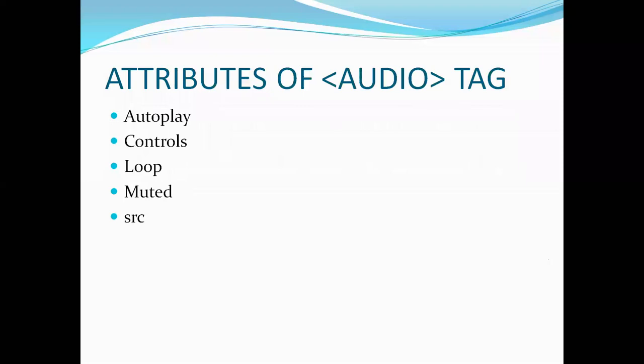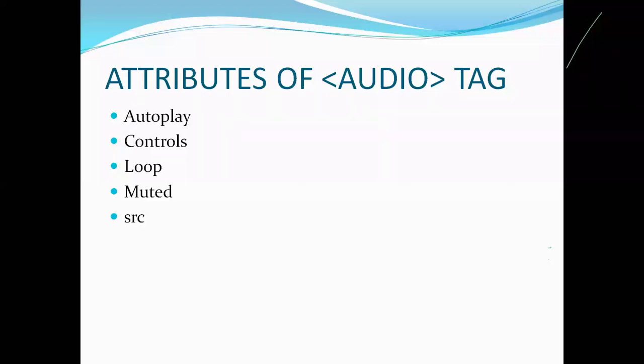Now we will see what the attributes of the audio tag are. The first attribute of the audio tag is autoplay. What does it mean? It means audio will start playing as soon as it is ready. It is called autoplay.